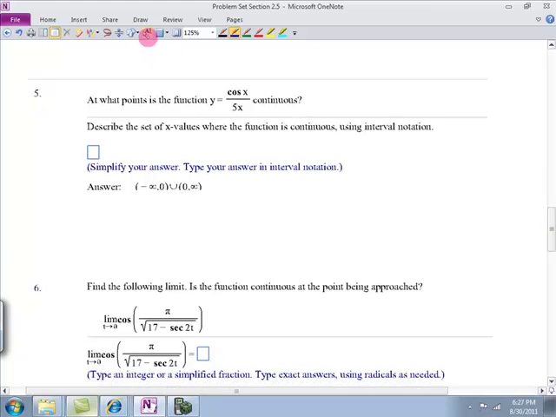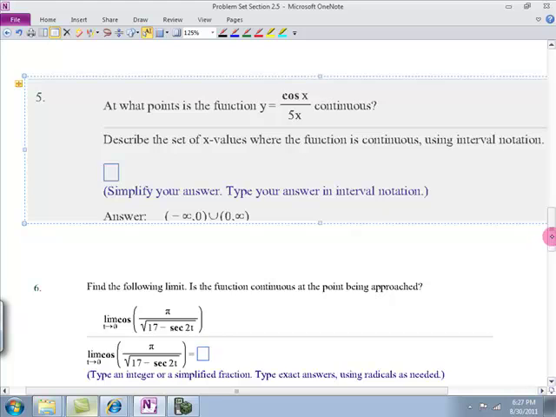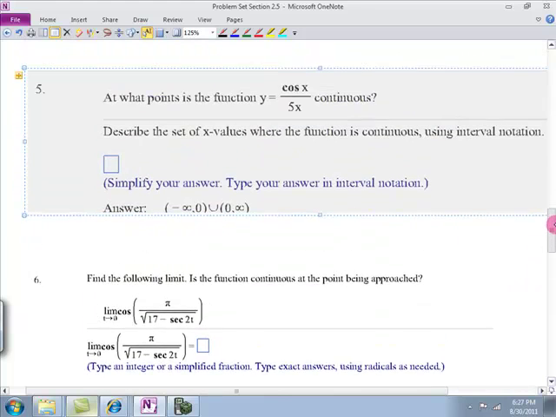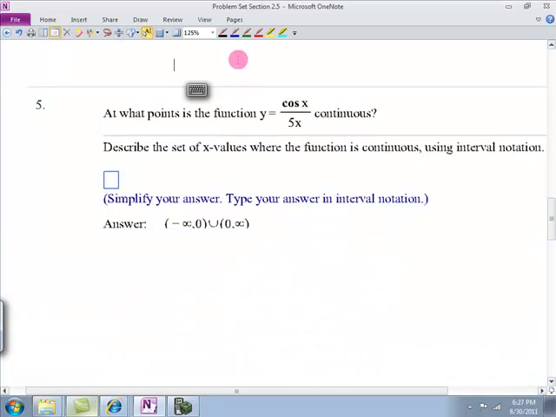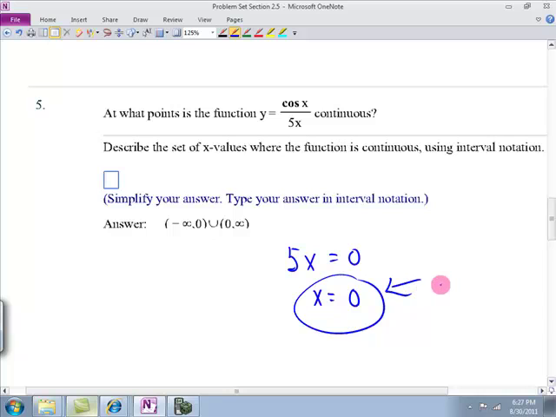Okay. At what points is this guy continuous? Same idea. You got to take the bottom of the fraction and set it equal to 0, which is pretty obvious. So this is where it's discontinuous. And so it's every point on the graph except 0.